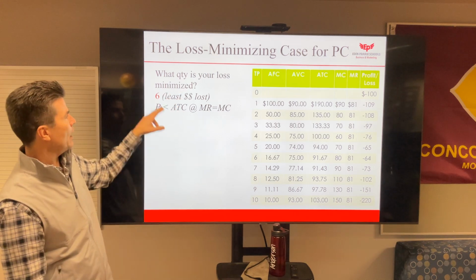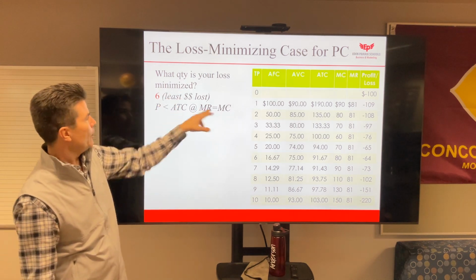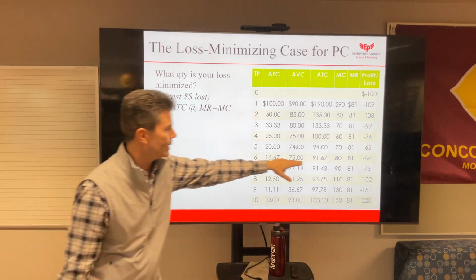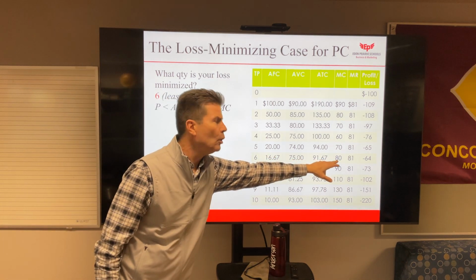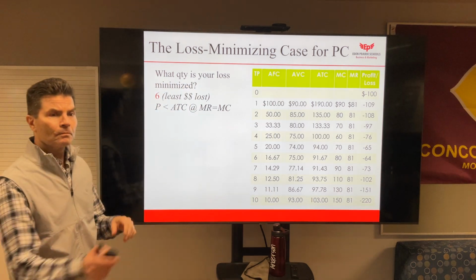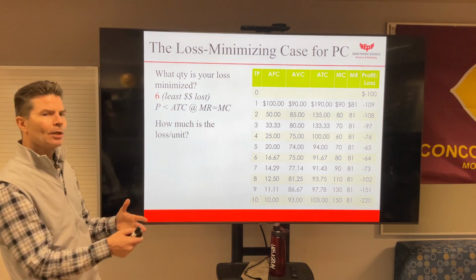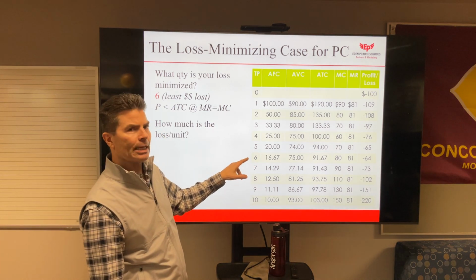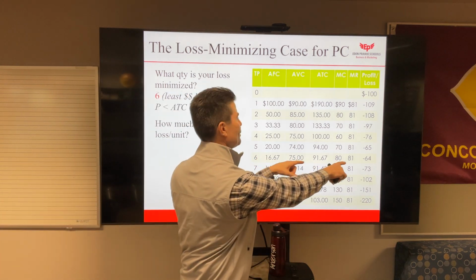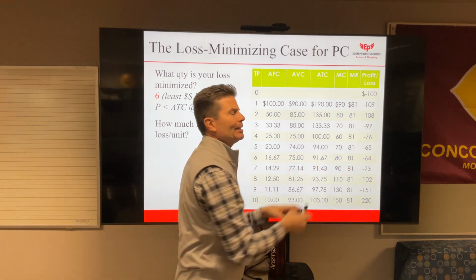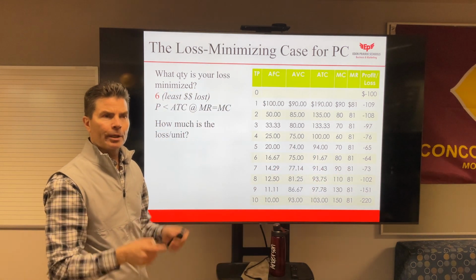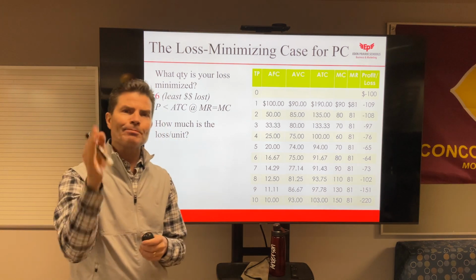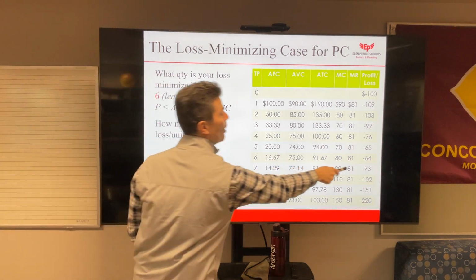So here's what we figured out, the reason why it's at 6. The price is less than ATC at a quantity of 6, where MR is closest to MC without marginal cost being more. Now, how much is the loss per unit? If I'm making 6, the difference between 81 and the ATC is $10.67, because profit or loss per unit is price minus ATC, not MR and MC.